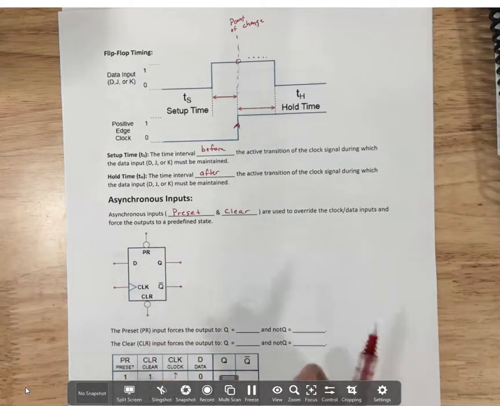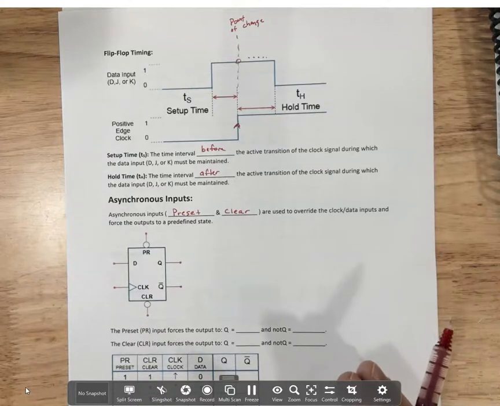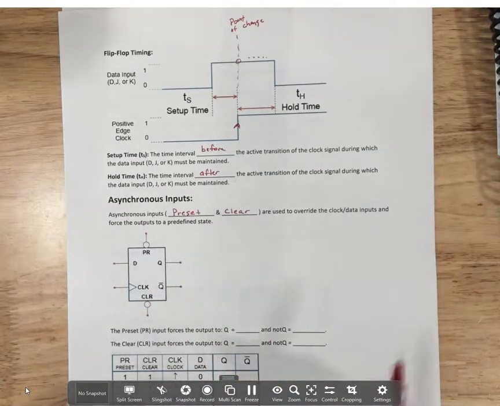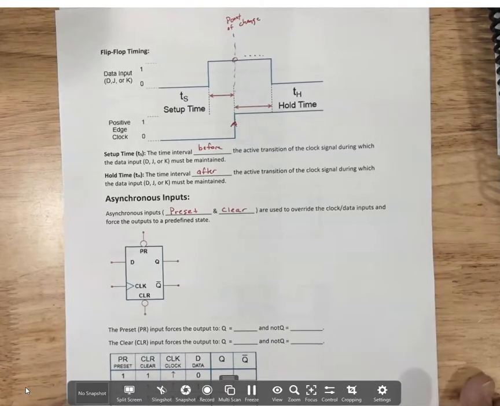So this is asynchronous because they don't necessarily work together. Preset and clear can override and take effect instantly whenever they are triggered. So preset and clear are inputs, but they are inputs that happen instantly.